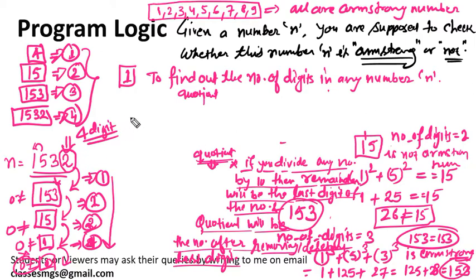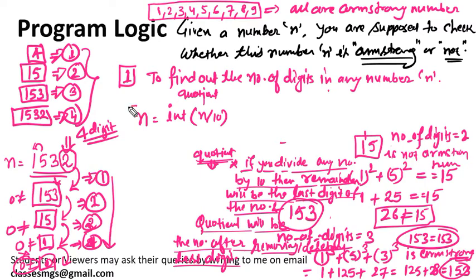So what you need to do is take the 153 and divide it by 10. Now let's involve a little bit of mathematics. If you do integer n equals n divided by 10, then you get the integer number after dividing by 10.